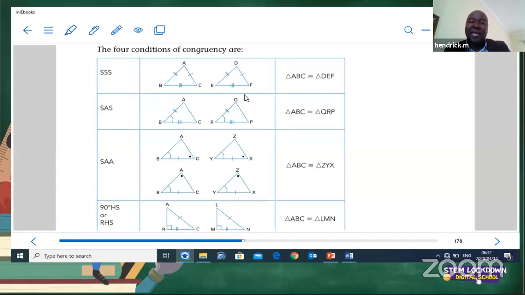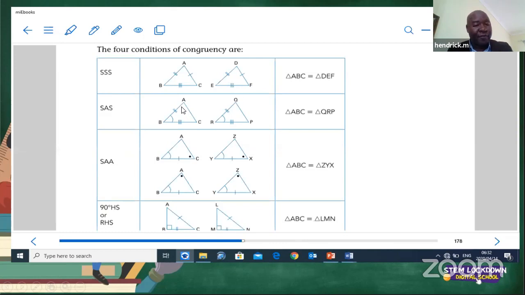And the second category, if you can check, again, we've got triangle ABC and the second triangle, PQR, or QRP. It's up to you how you start. If you look at the second triangle, you can see that we've got angle B in the first, which is equal to angle R in the second triangle.